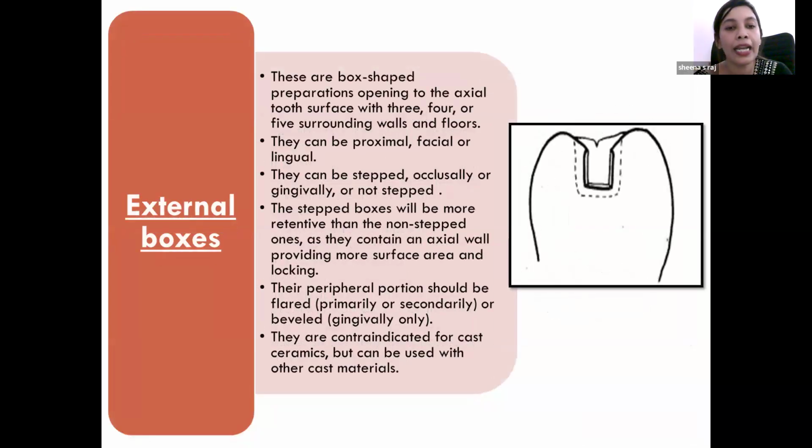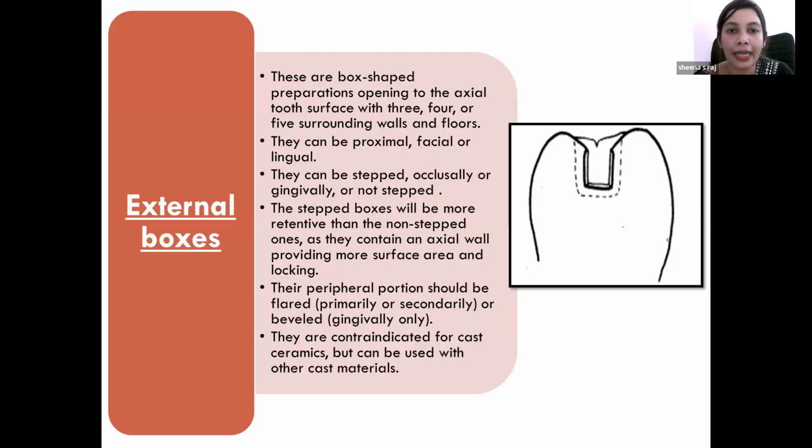Understood. Next, coming to the external boxes. External boxes, as you can see in the image, there is an outside box that is shaped within the cavity, and there is a proper extension of the cavity taking place. They are seen at the proximal surface, facial surface, as well as the lingual surface.